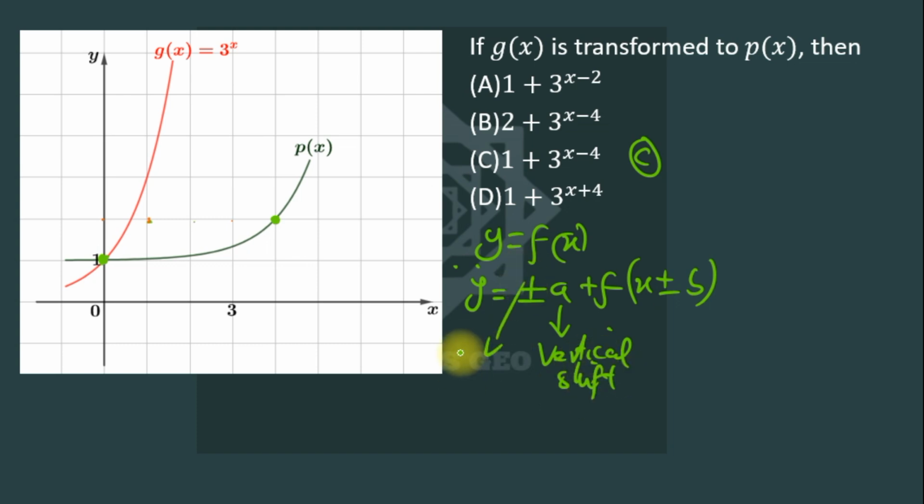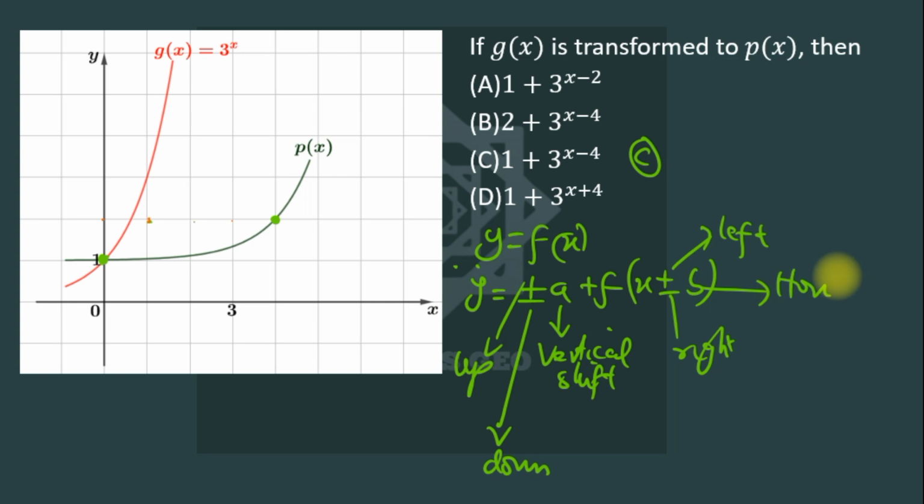Plus means up, minus means down. While here plus means left, here right. b is the horizontal shift. So that's why we have 4 units, 1, 2, 3, 4, and 1 unit up. So that's the answer C.